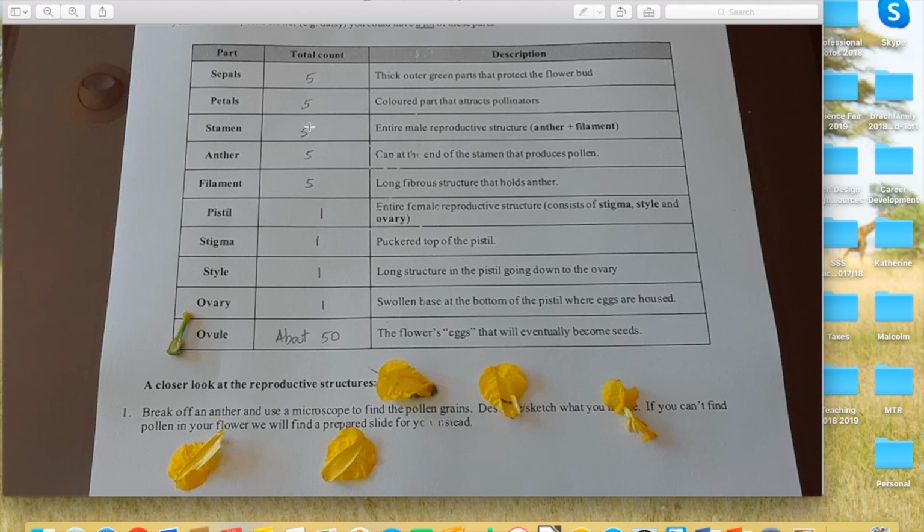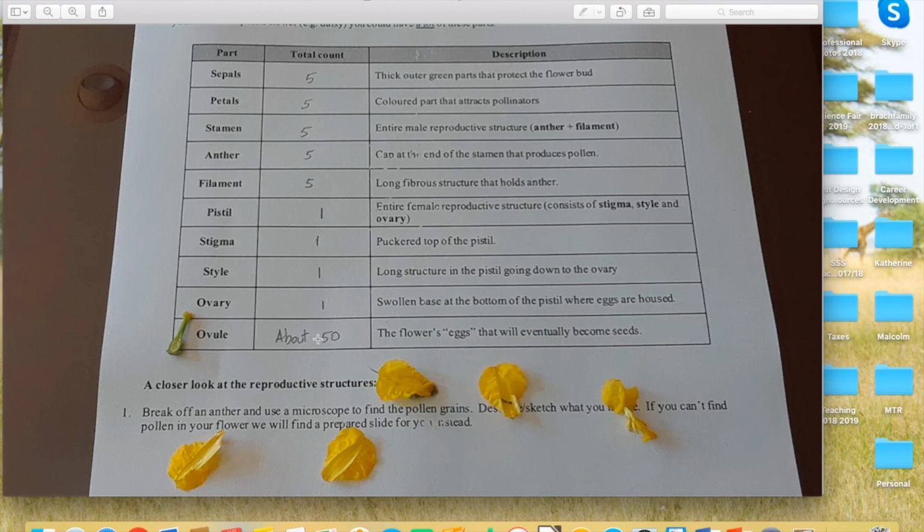Those are 5 of the male plant parts. Each stamen has 1 anther, so 5 in total, and 5 filaments. As for the female parts, though, there is only 1 pistil, 1 stigma, 1 style, and 1 ovary. And that is a description of the flowering plant parts for the bog bean.